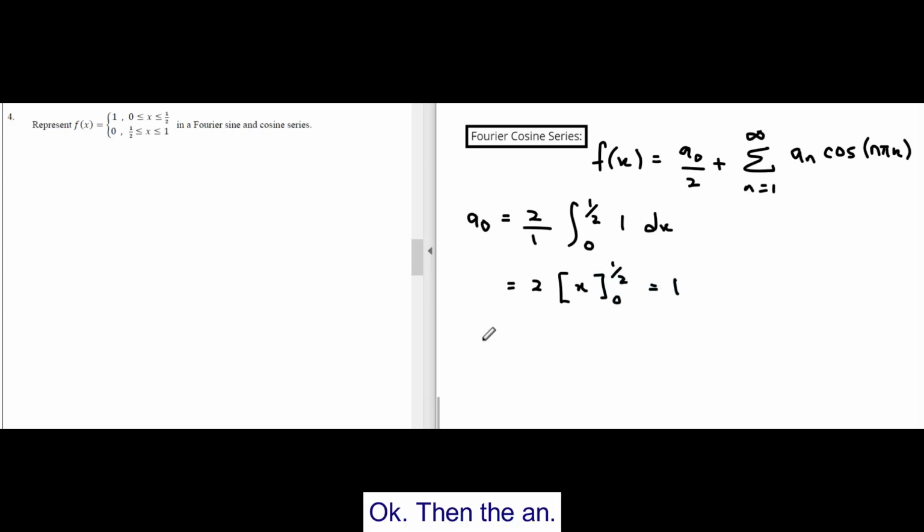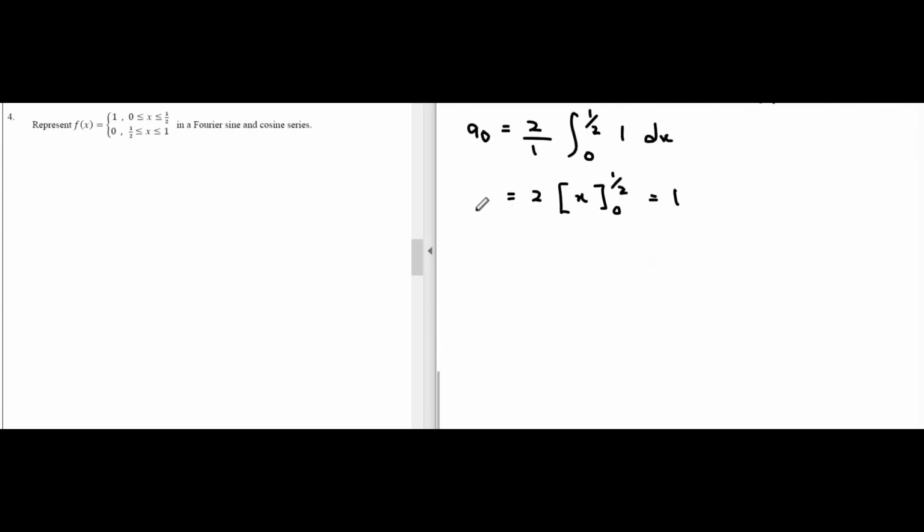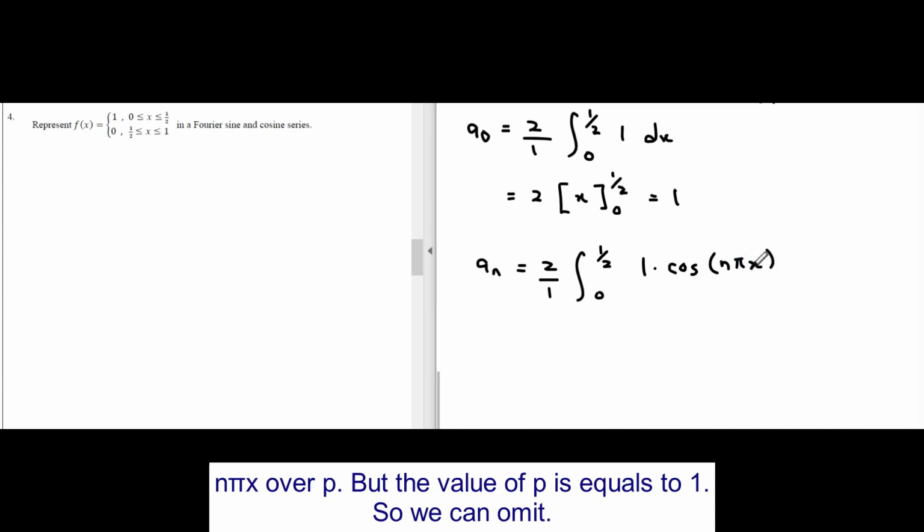Okay, then the an. f(x) cos n pi x over p, but the value of p is equal to 1, so we can omit.